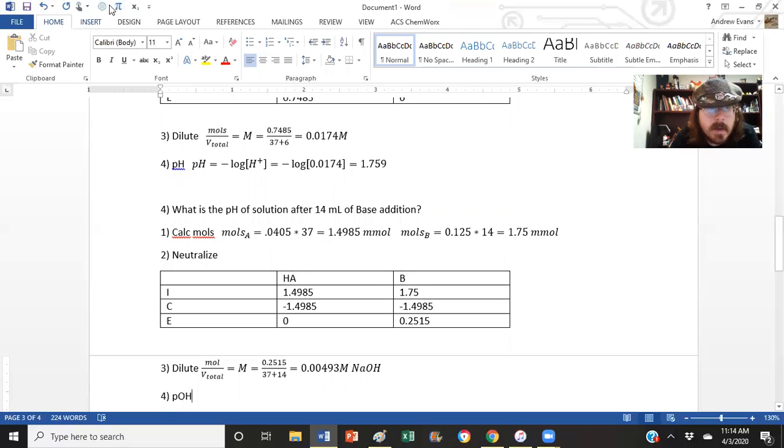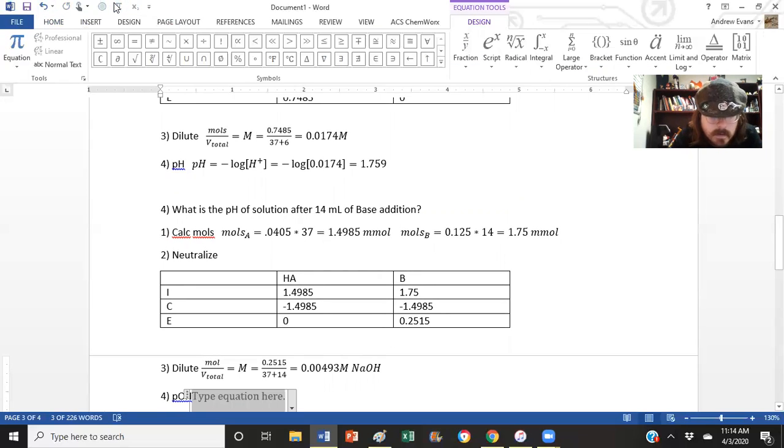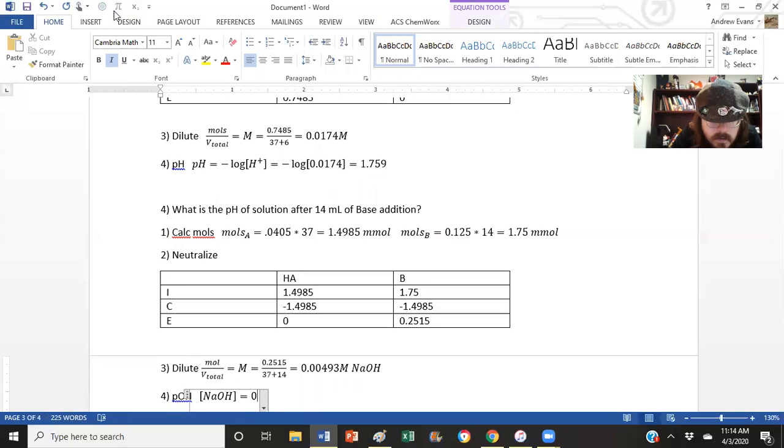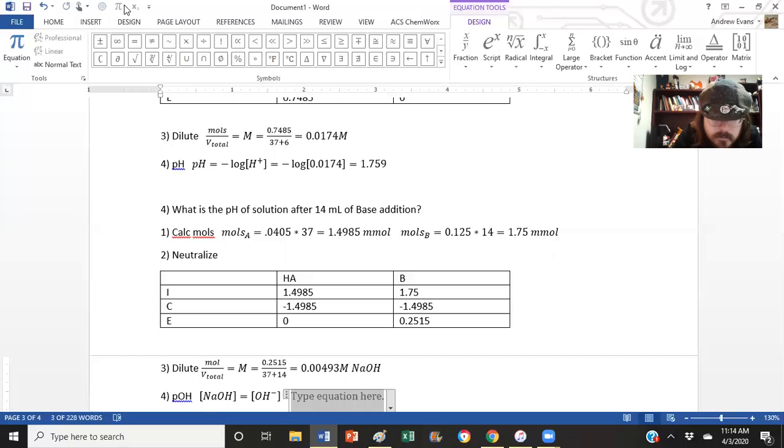Now, for pOH, you got to remember, for a base, the concentration of NaOH is going to be equal to the concentration of OH minus in solution for a strong base. And pOH is equal to the negative log of OH minus.